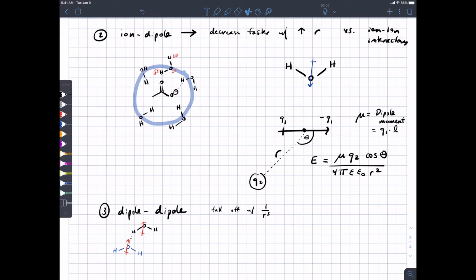Okay, others? Yeah. I know that water also has hydrogen bonding. Yes. And hydrogen bonding should be stronger than dipole-dipole. Does that matter in that case?